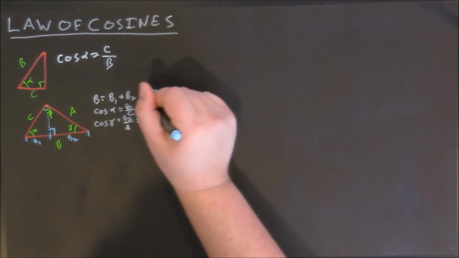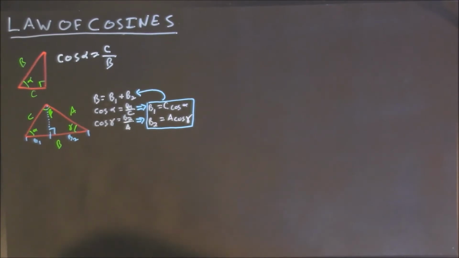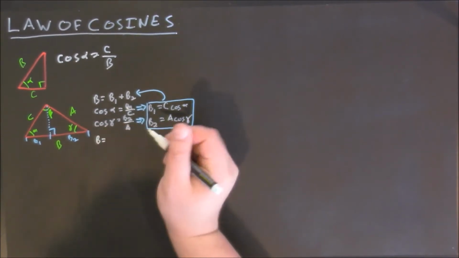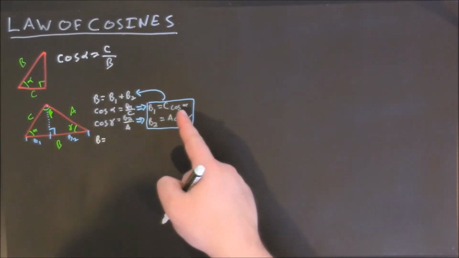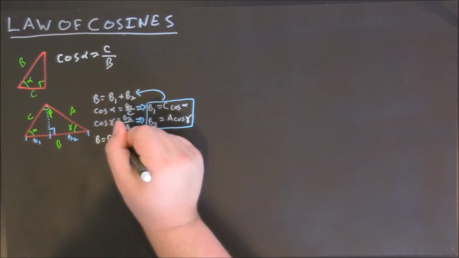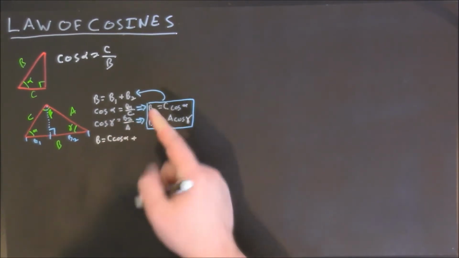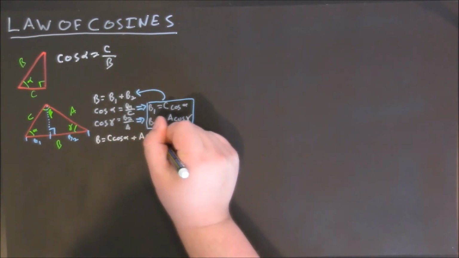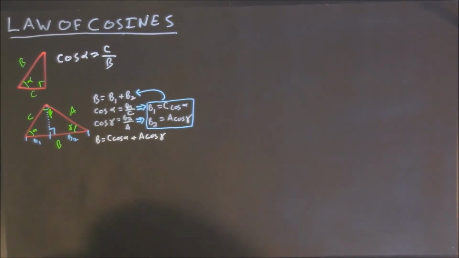Now we can plug it into our first equation and get rid of B1 and B2 altogether. So we're left with that B is equal to C cosine alpha for B1 plus A cosine gamma for B2.